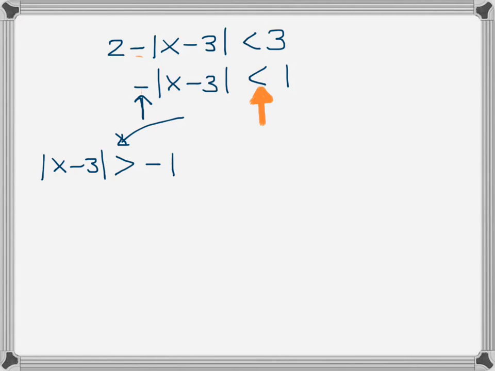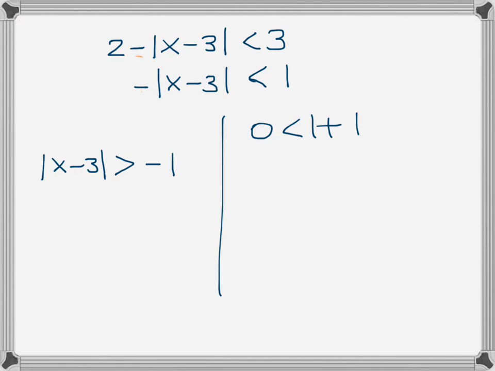One way to address that, instead of multiplying both sides by negative 1, which sounds pretty strange maybe, if you don't want to do that, is to take another approach and say, why don't I add this to the other side? This is the same thing, right? If I add this quantity, it's on this side of the 0. Now subtract the 1, and you have negative 1 less than absolute value of x minus 3.